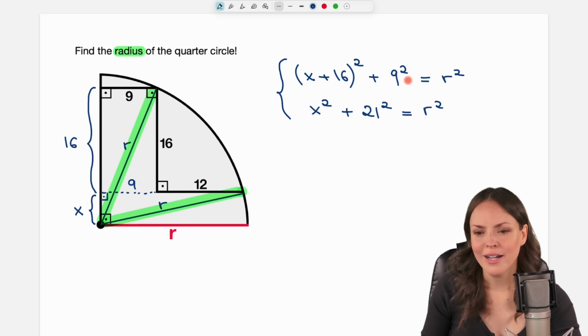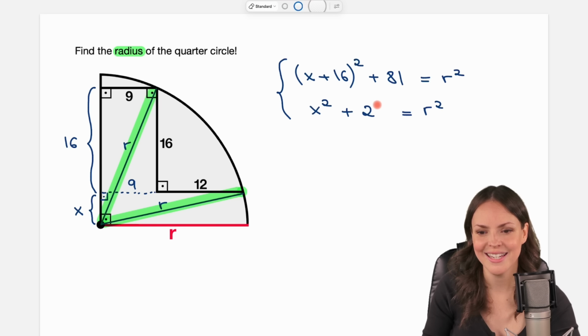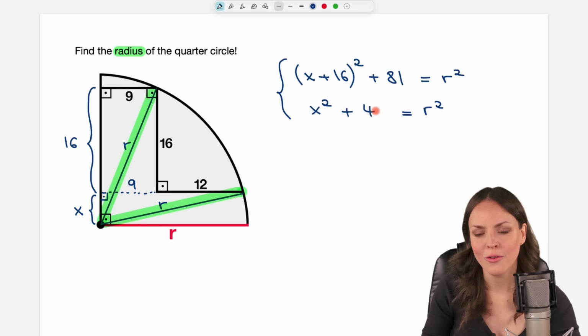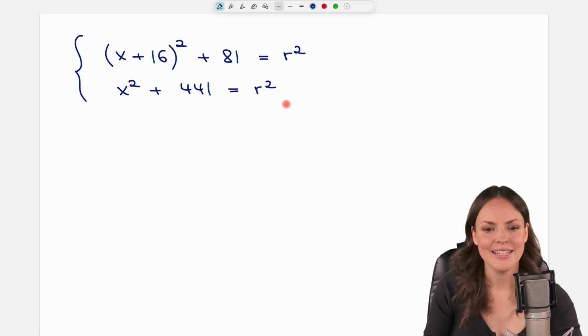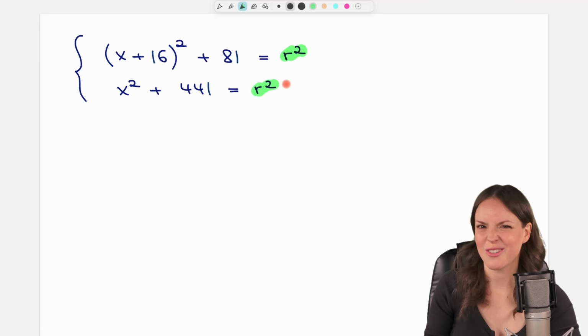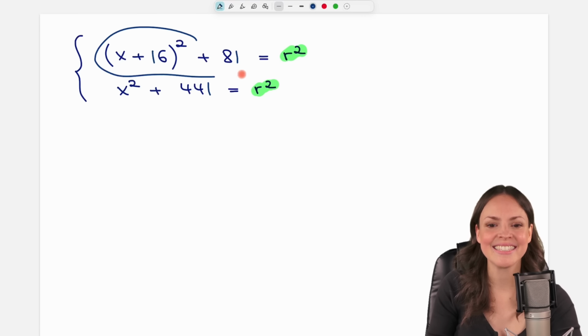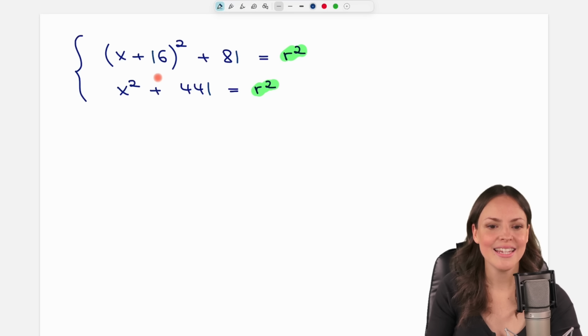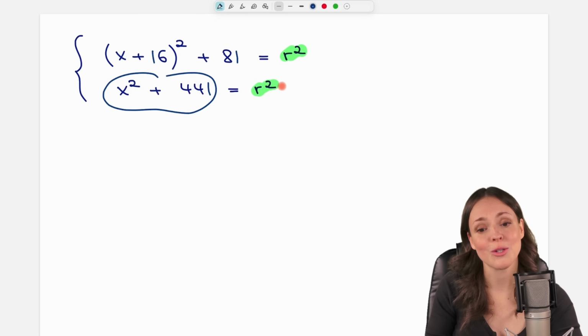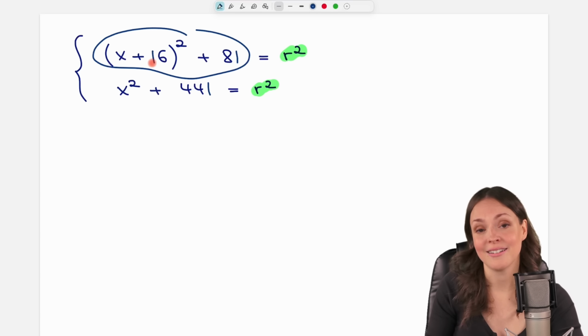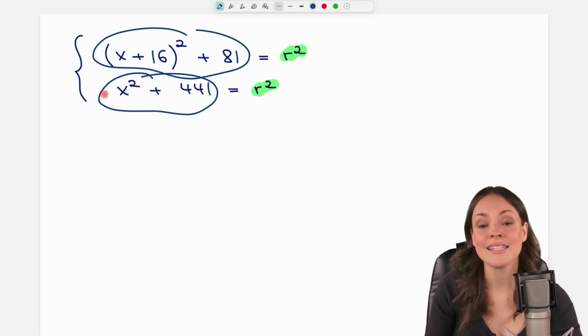Maybe we simplify a little bit. 9 squared equals 81, and 21 squared, you can calculate this. It's 441. And I take my system of equations and let's solve it. We have r squared here and r squared here, which is great because this is equal to r squared, and they tell us that this is also equal to r squared, so we know that this here has to be equal to this here.